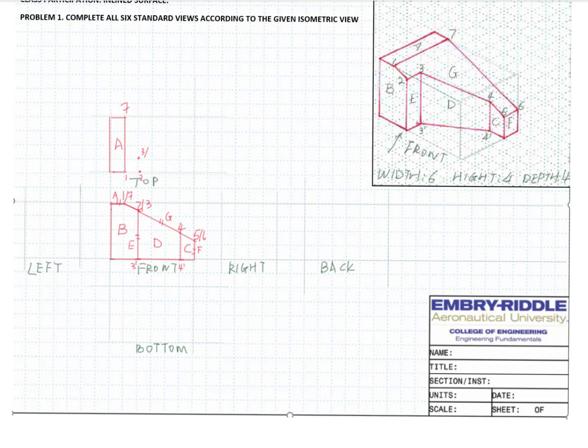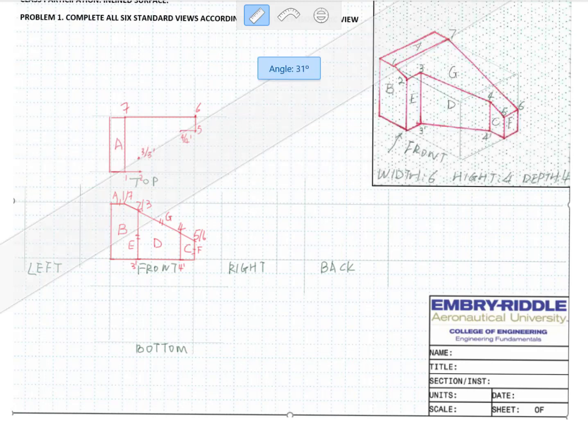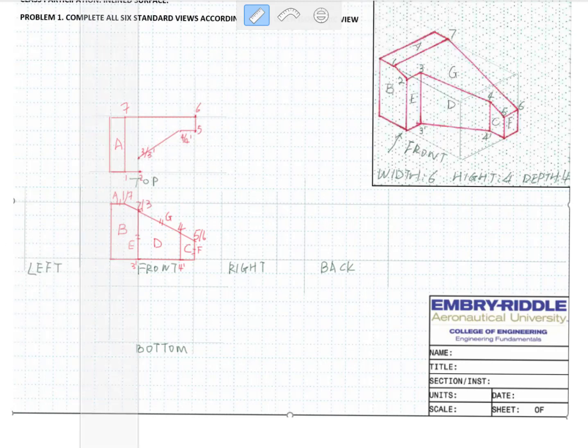The numbers in the front must be aligned to the numbers in the top vertically. The foreshortened surface G can be determined by connecting all the numbers in sequence order.